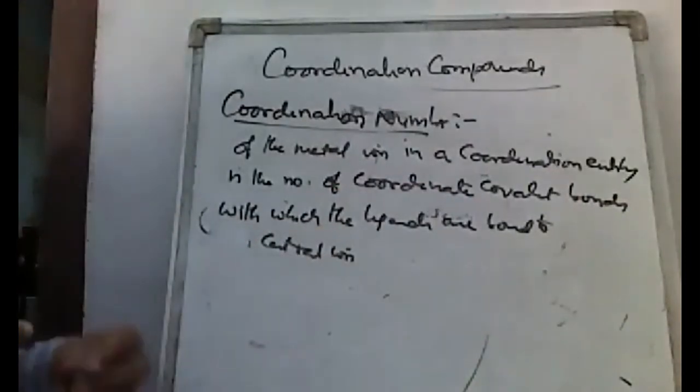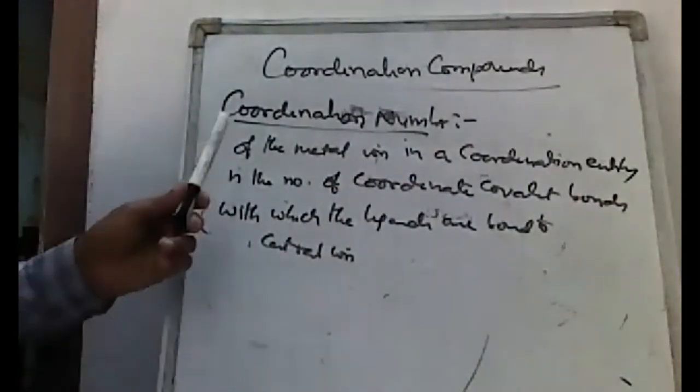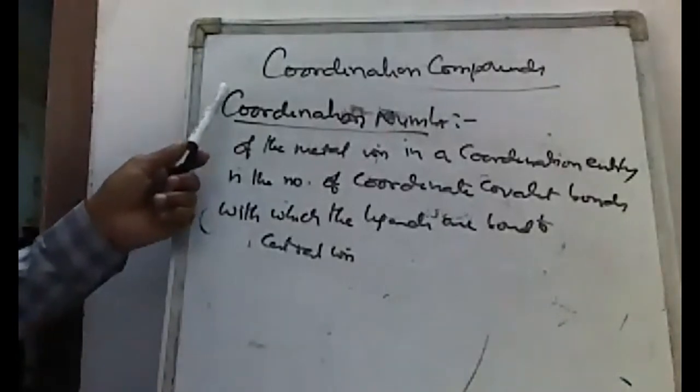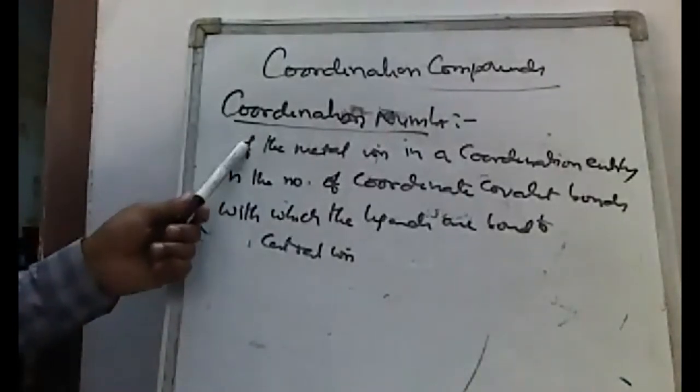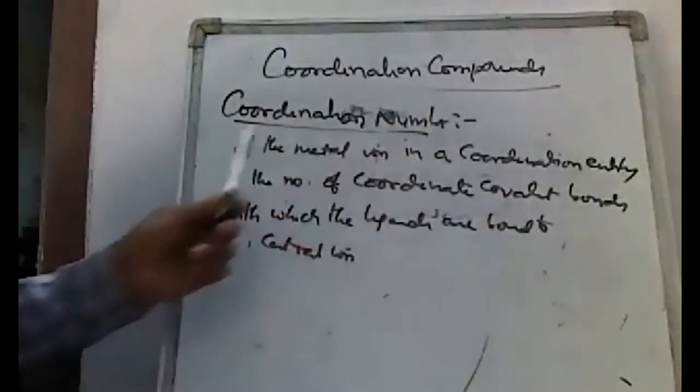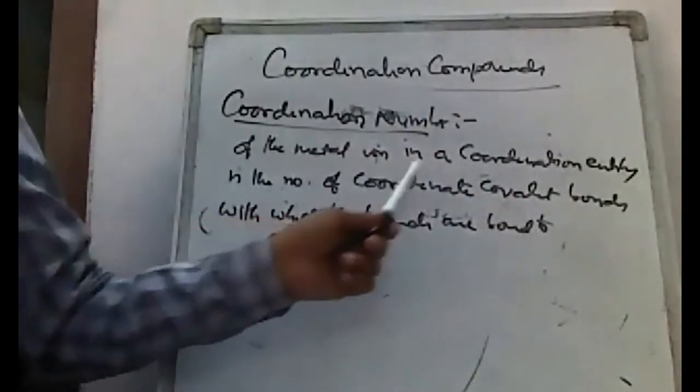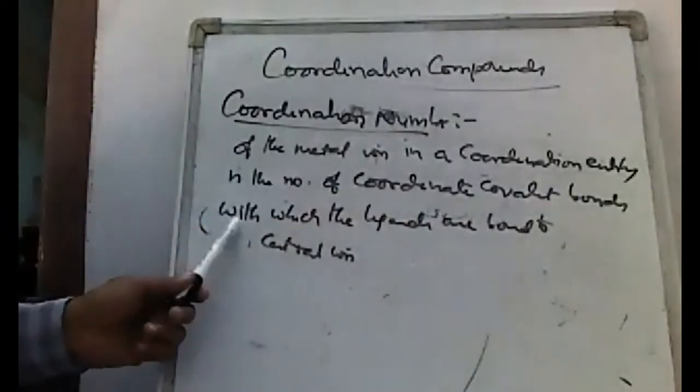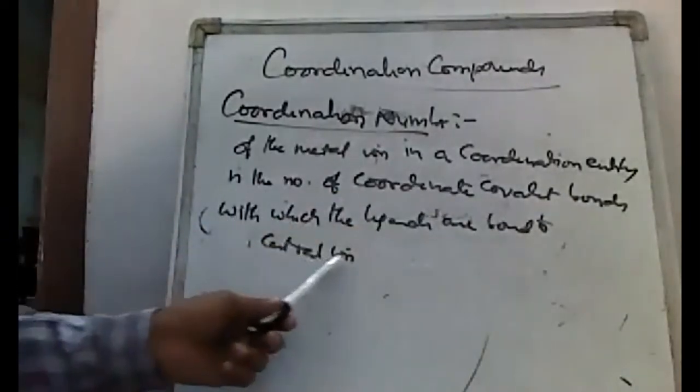You see, what is the coordination number? The coordination number of the metal ion in a coordination entity is the number of coordinate covalent bonds with which the ligands are bound to the central ion.